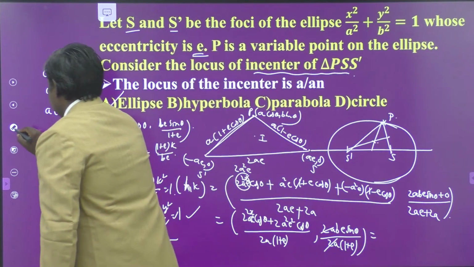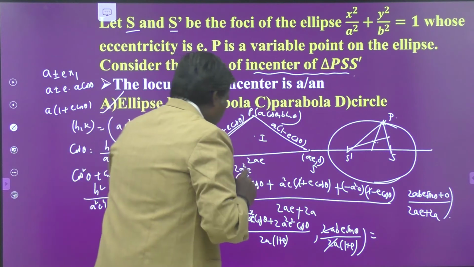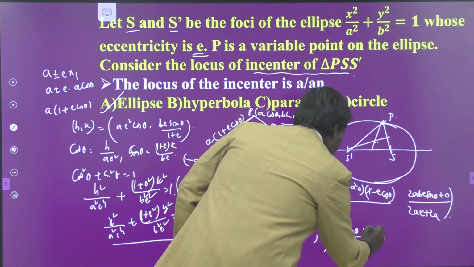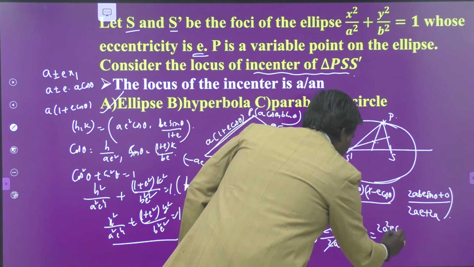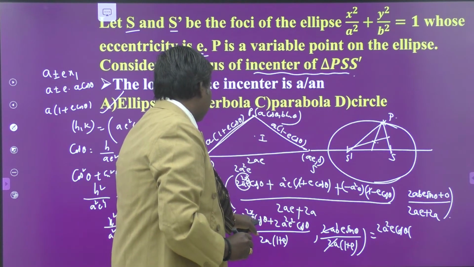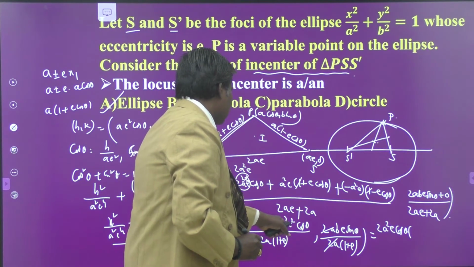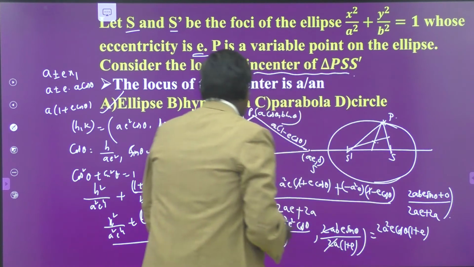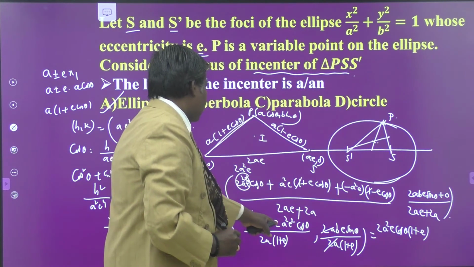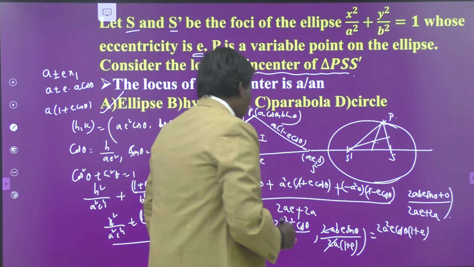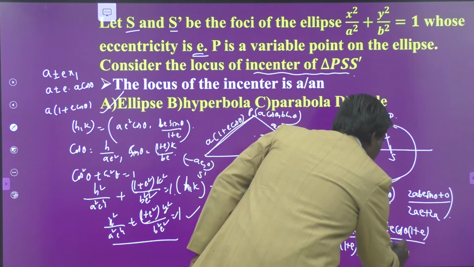See here, this is 2a square e cos theta you may take common. 2a square e cos theta into 1 plus e. Here e will remain by 2a into 1 plus e.